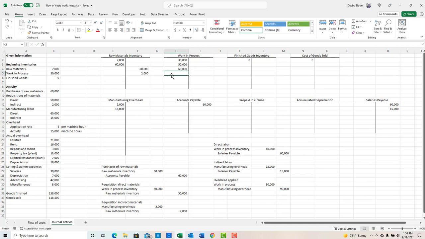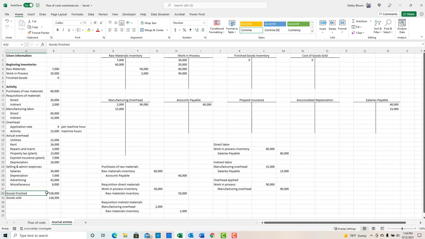So we have a debit to work in process of 90,000 and a credit to our manufacturing overhead of 90,000.